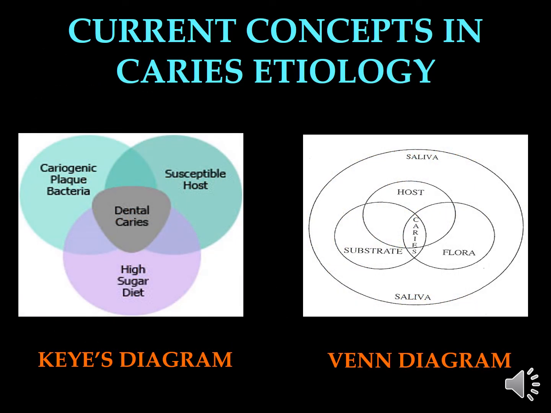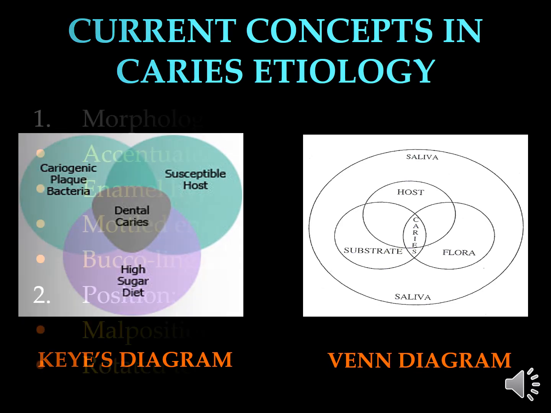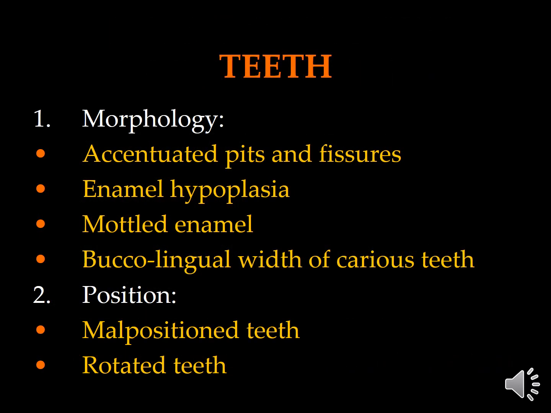According to the recent concept, there are four important factors involved in caries formation: the diet, the host, the microorganisms, and the time factor, during which the food gets accumulated on the tooth surface. Coming to the individual factors, first the tooth factor.